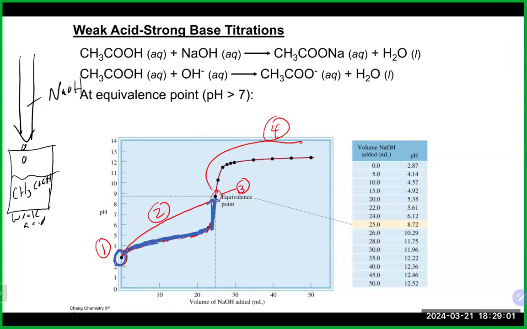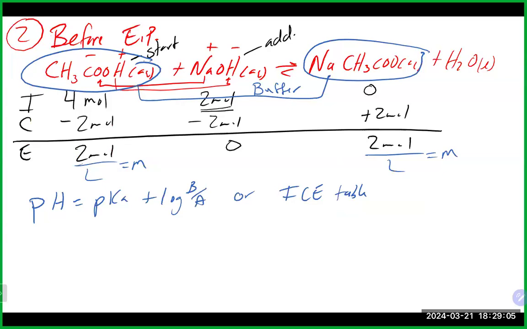This is also a demonstration of something that we talked a little bit about when we were talking about buffers. We talked about the idea that you cannot have a buffer made up of a strong acid or strong base, but you could definitely make a buffer from a reaction of a weak acid with a strong base.